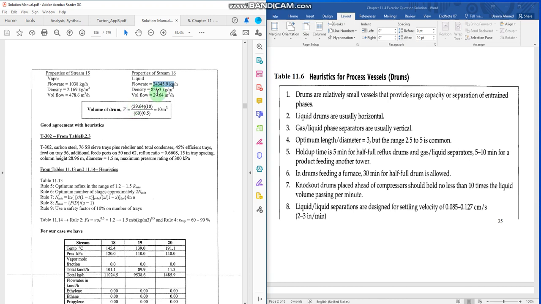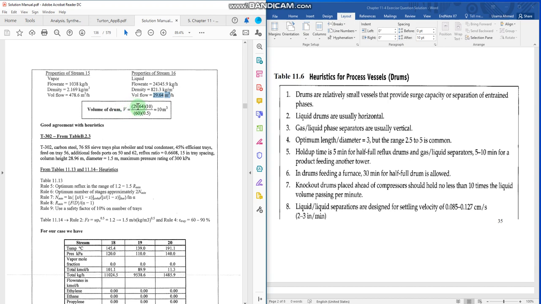We are provided with the volumetric flow rate for stream number 16. For this product feeding another tower, it is 5 to 10 minutes. So we have to see what volume is required in the drum for a 10-minute liquid hold up time, and then how we can estimate the total volume of the drum.